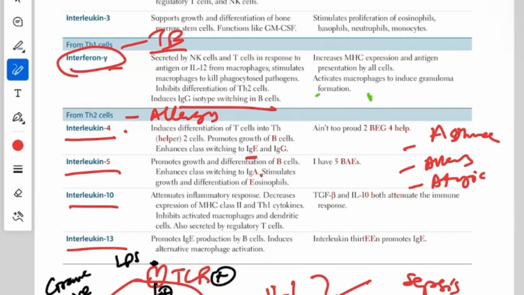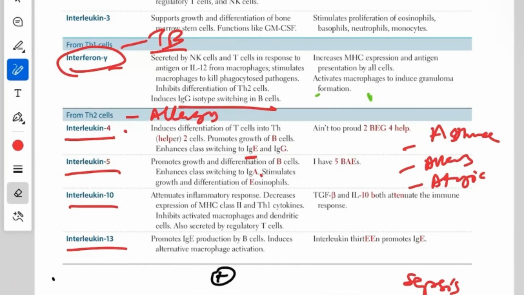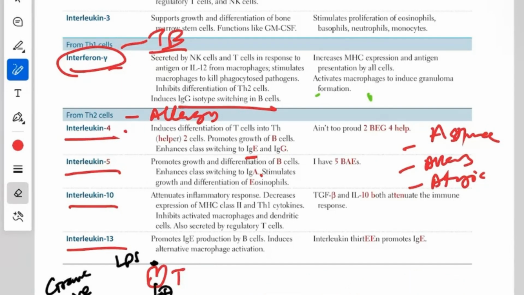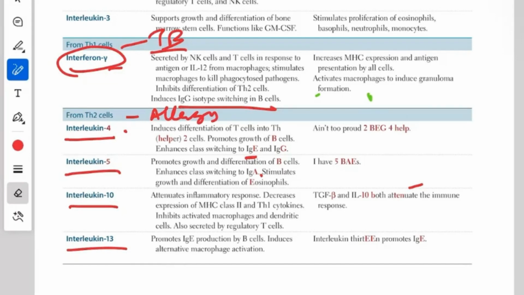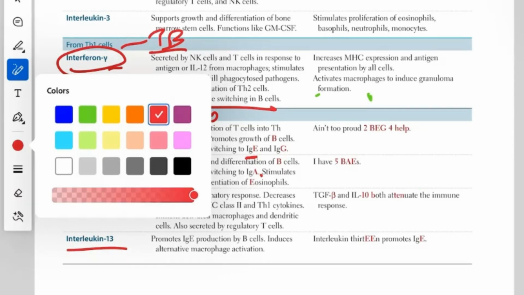So when you hear 4, 5, 10, 13, you're thinking of allergies. The other thing I'll mention about Th2 is, when you hear Th2, think of allergic reactions and parasites.